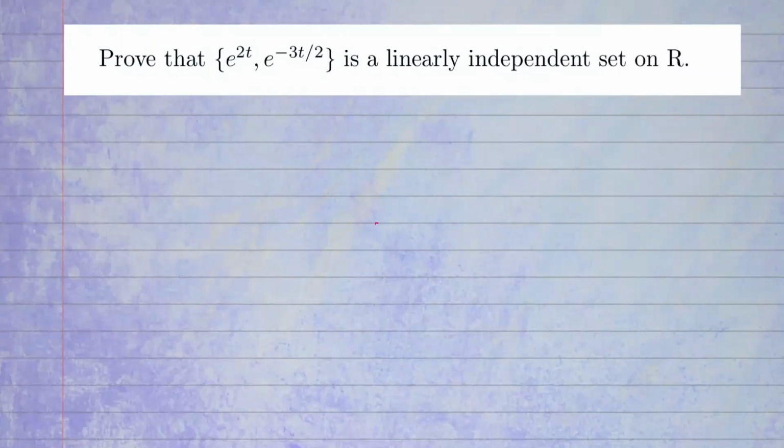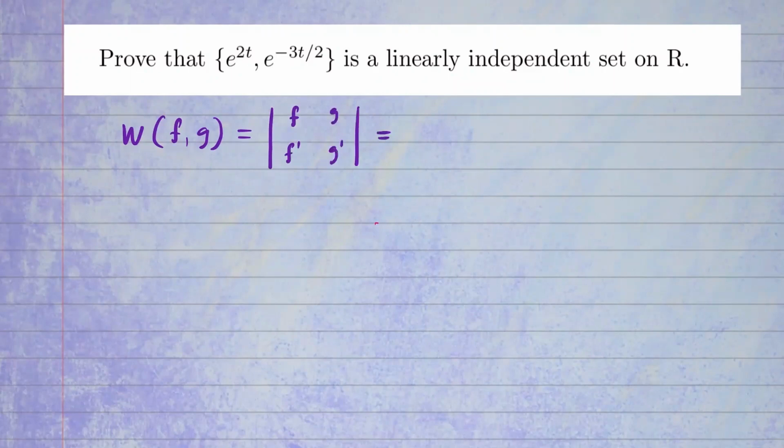In this problem, we're going to prove that this set is a linearly independent set on R. The way we're going to do this is by using the Wronskian. Recall that the Wronskian is defined, let's say for two functions f and g, to be this determinant: f, the derivative of f, g, the derivative of g.